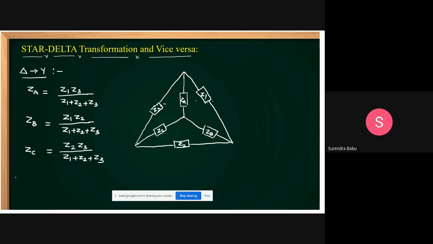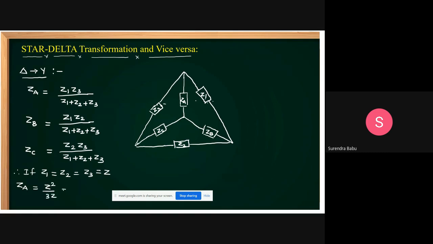Now in this case, if Z1 equal to Z2 equal to Z3, can you tell what is the star impedance, friends? Let us assume Z1 equal Z2 equal Z3 equal to Z. Then you substitute here. ZA equal to Z square by 3Z.